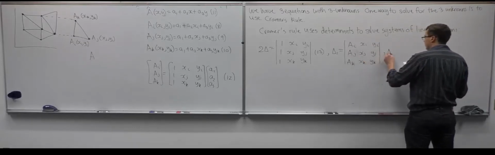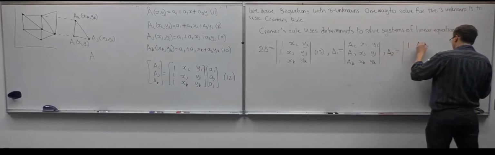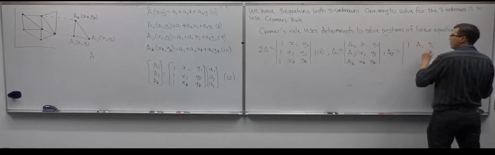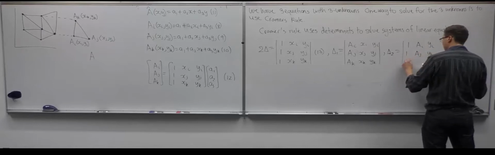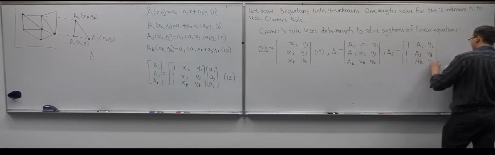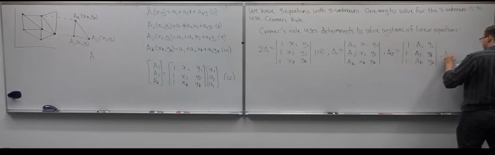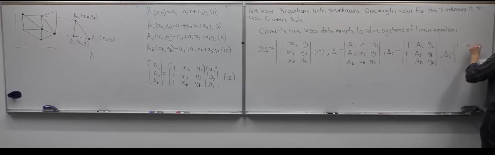and this is the determinant. Then delta 2 is equal to the determinant with rows 1, ai, yi; 1, aj, yj; 1, ak, yk, and then lastly delta 3 is equal to the determinant with rows 1, xi, ai; 1, xj, aj; 1, xk, ak.